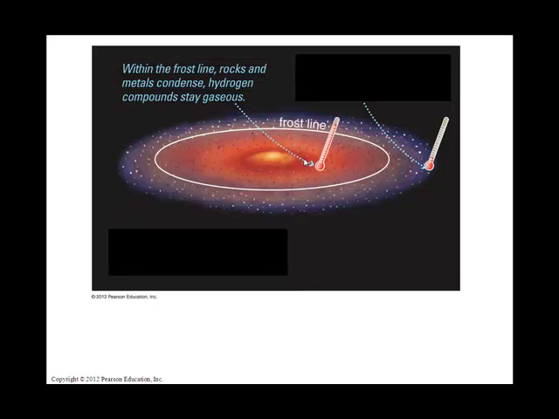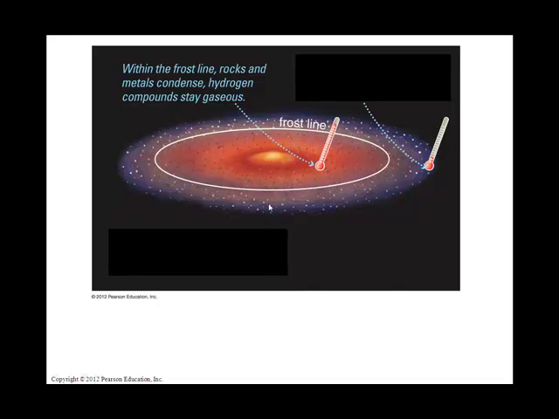Inside the frost line, it's still pretty warm, but from the frost line closer to the sun anyway, it's cool enough to have rocks and metals condense. So they won't be a gas. Rocks and metal will be either a liquid or a solid.